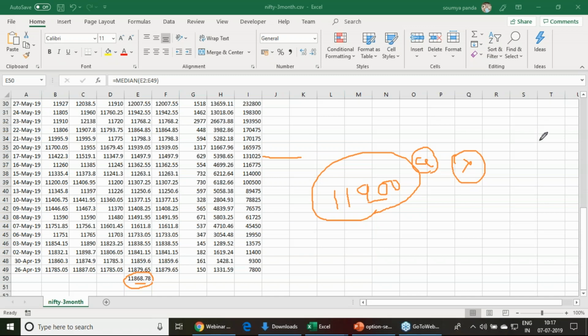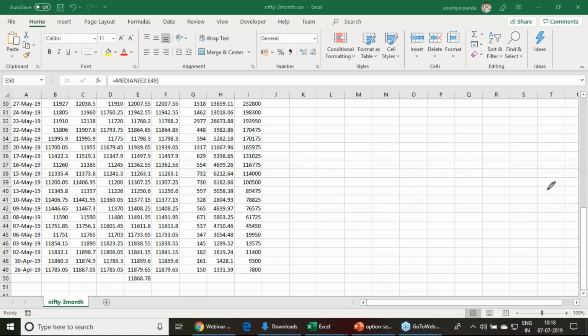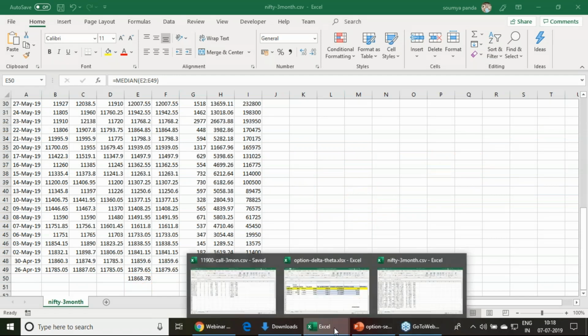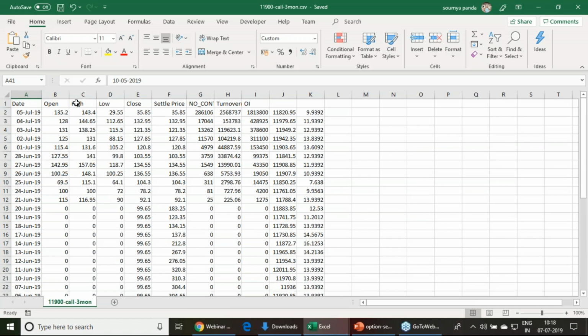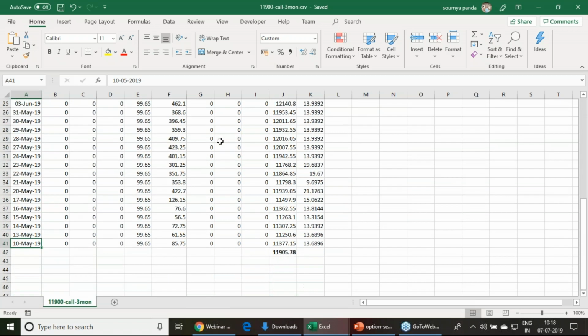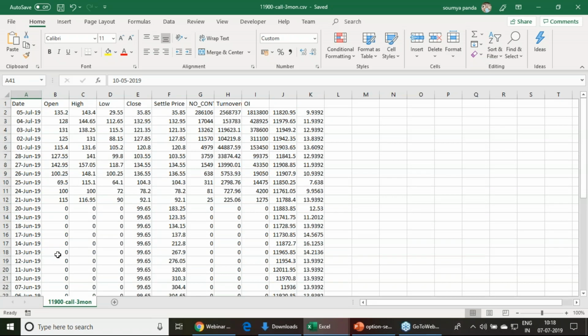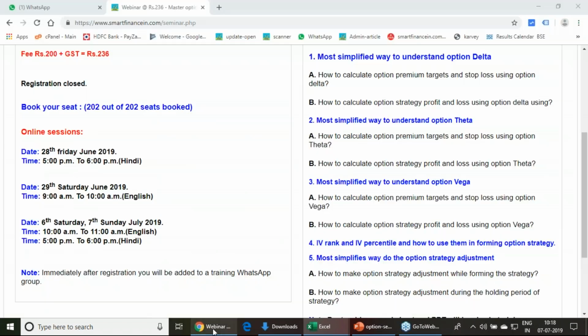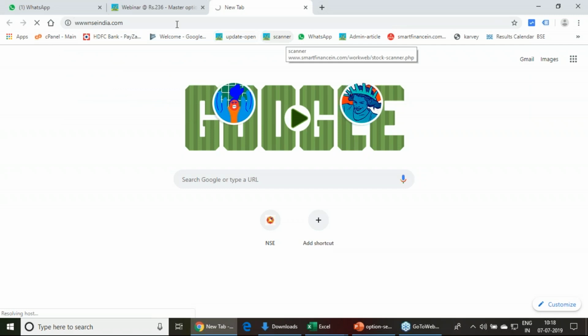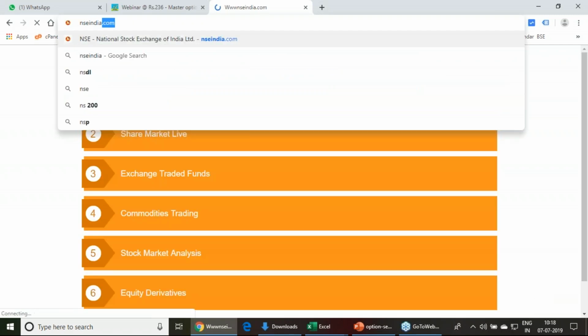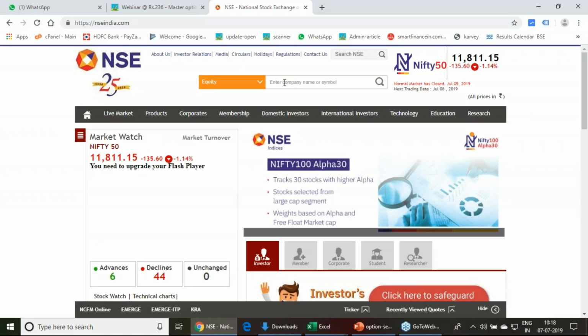These two conclusions happened. Now the question comes of how we can calculate the IV percentile. For that we need to go for the analysis of all these values. If I go for the past 3 months data of the 11,900 call options, I can go to the NSE site, nseindia.com, and investigate these options.